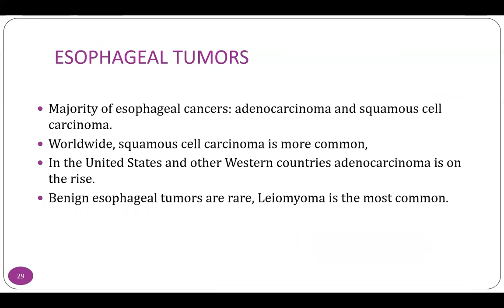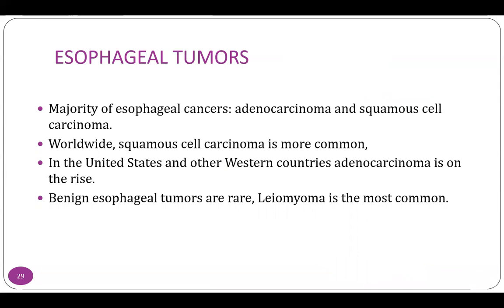Esophageal tumors. We can see any type of tumor in the esophagus: benign tumor, malignant tumor. Benign tumors can be seen in the esophagus. However, most of the neoplastic deposits in the esophagus actually are cancer.